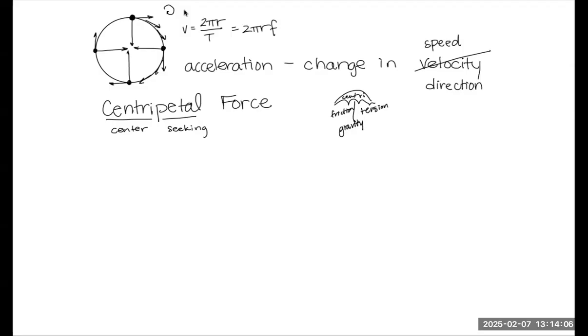In class, we are going to do a lab on this, and our lab basically is that we have a string that has a mass on the end, and it's connected to a force sensor on the other end. And we spin it in circles, and we decided on three different variables that we were going to look at: mass, velocity, and radius of the circle.